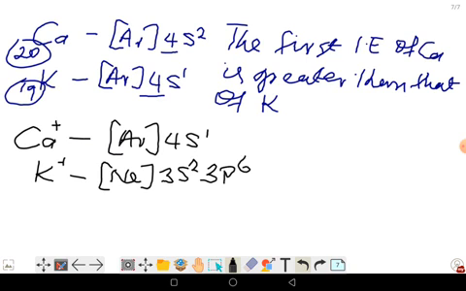So looking at what is happening here, even though calcium has more nuclear charge than potassium, because the number of protons remains the same at this stage as well, it is expected that calcium should still take the lead. But let us see what happens at the atomic radius.